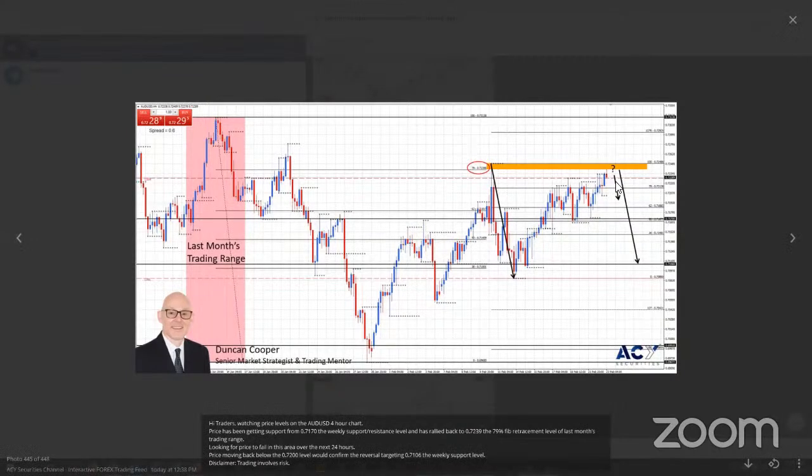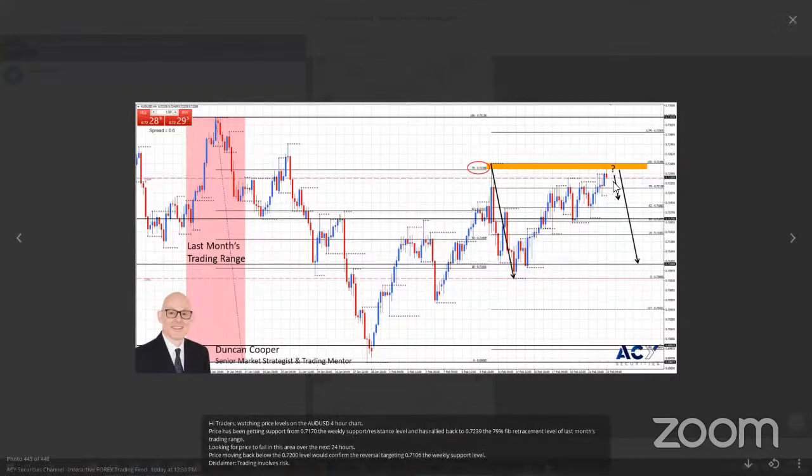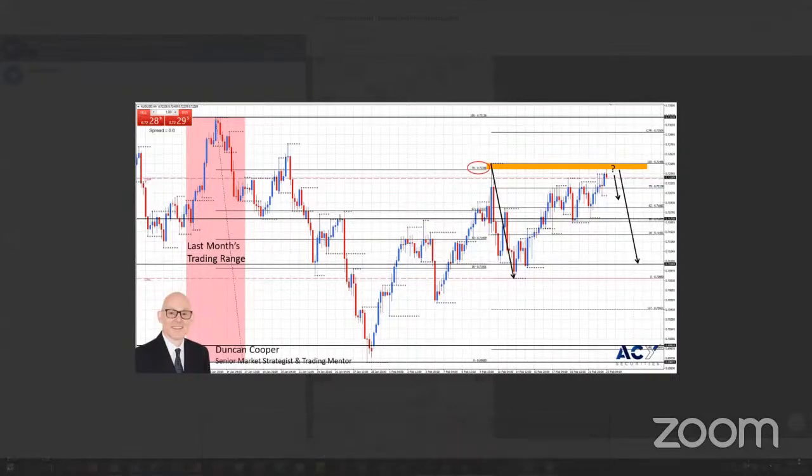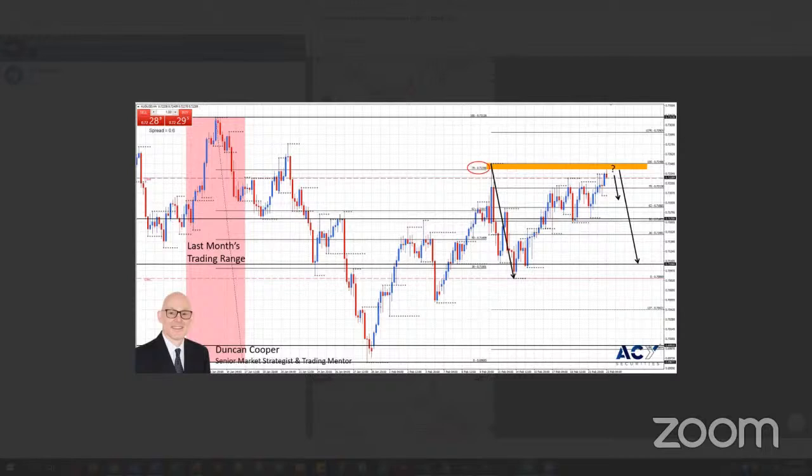If it does, then that reversal would get confirmed breaking below 7,200. Price hasn't moved below 7,200, not yet anyway, and it's actually been heading up since I posted that, but that just gives you a look and feel of what we're posting. I'm doing some analysis, key levels I'm watching, looking at trend, support and resistance for the trading day.